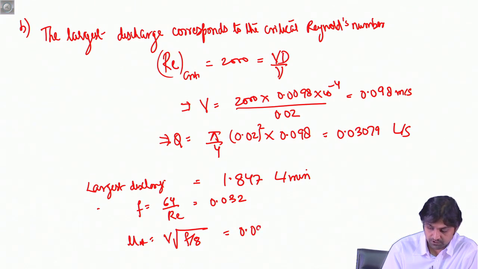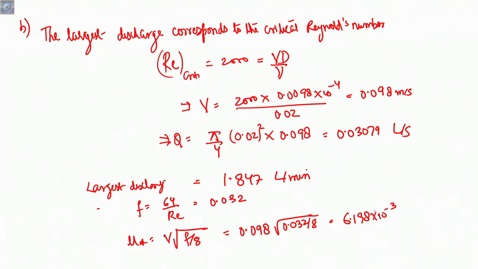V is 0.098, we have already found out f was 0.032, divided by 8, or 6.198 into 10 to the power minus 3. Similarly, tau naught will be rho u star square, which we have calculated, and it will come out to be 0.0383 Pascal.